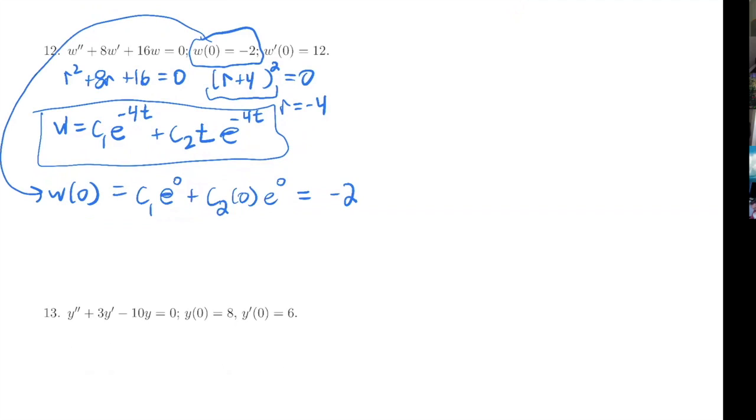So when I plug 0 into the second term over here, this all cancels out. And so I've got C1 times 1 is equal to -2. So this one would give us that C1 is actually equal to -2.